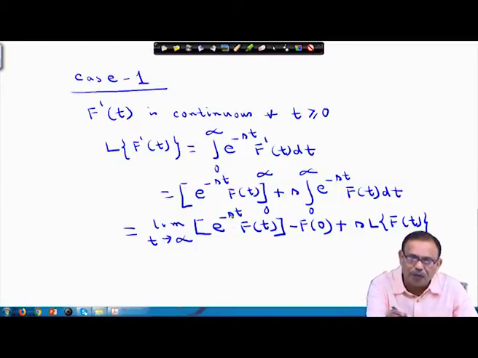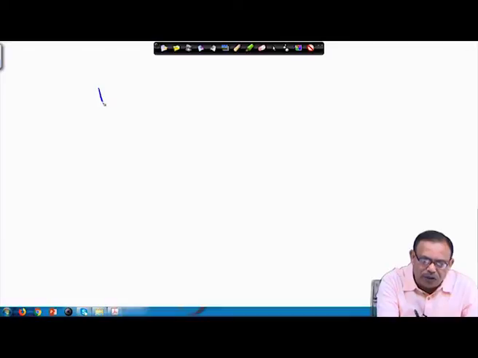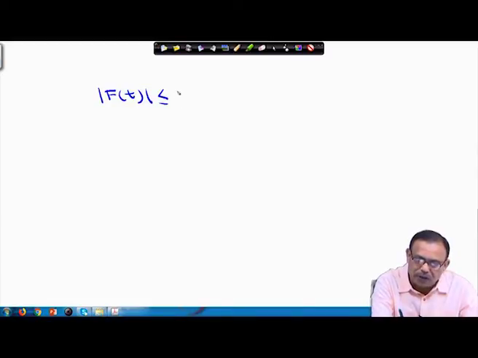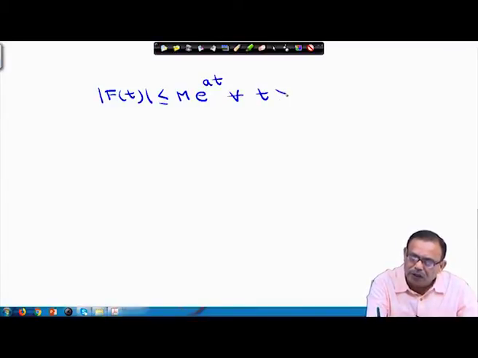For this one, we know that the absolute value of f t is less than or equal to M into e power a t for all t greater than or equal to 0. We get this since f t is of exponential order a.